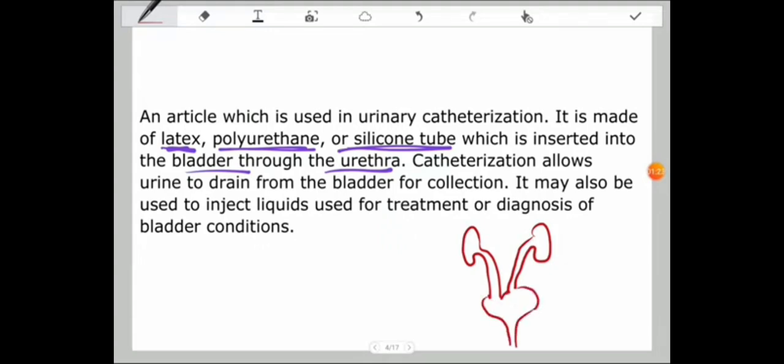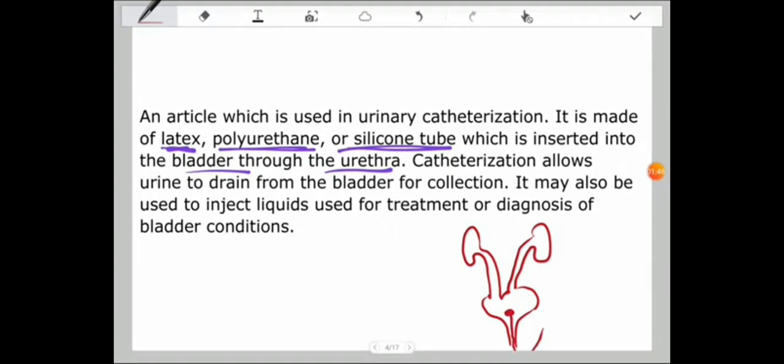So yeah, we have made very shabby looking kidneys and bladder. So what it says is that the catheter is inserted from the urethra into the bladder.